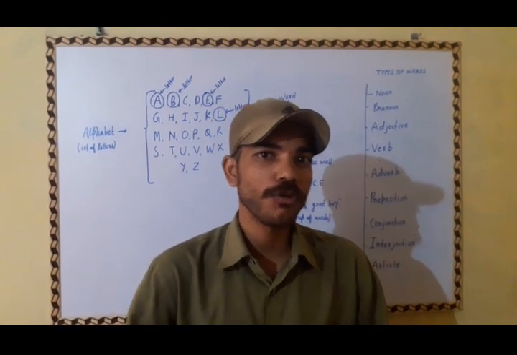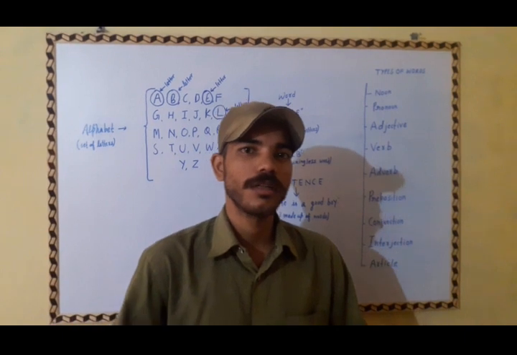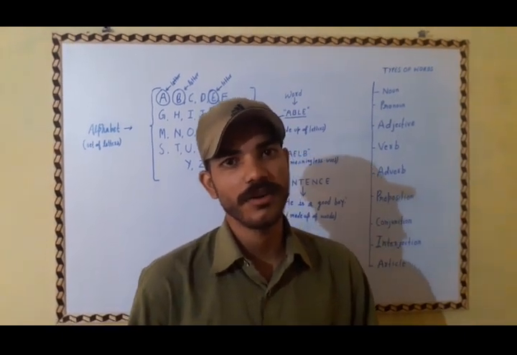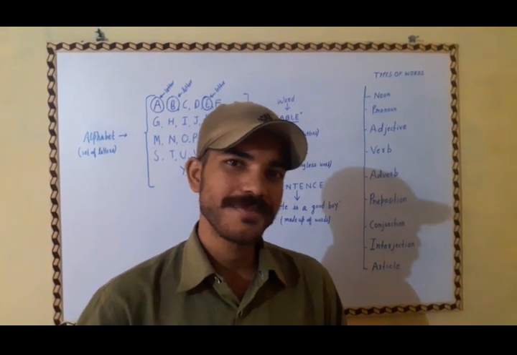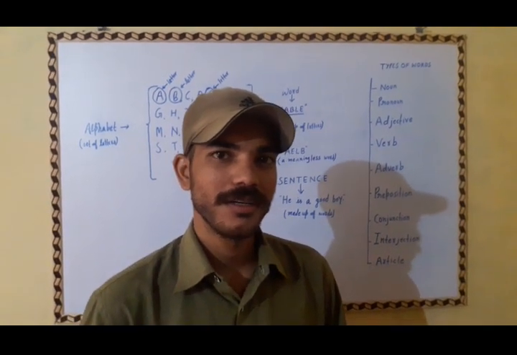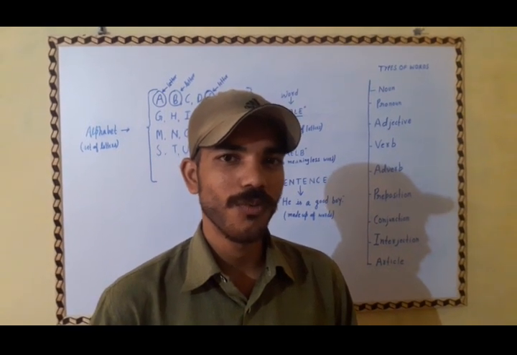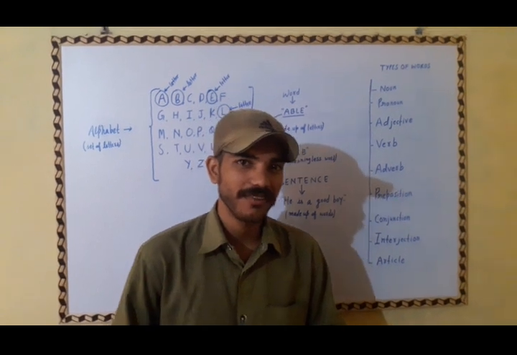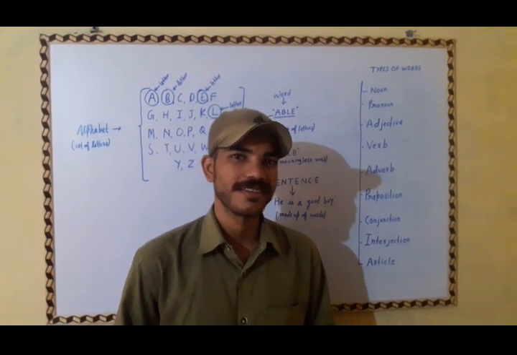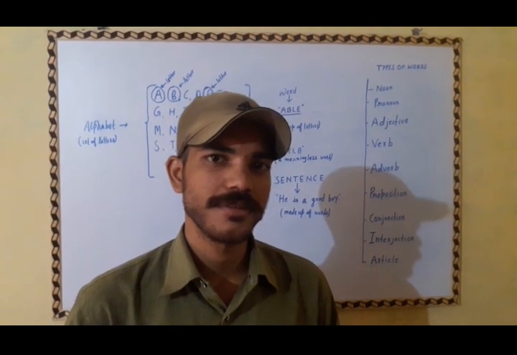You have no doubt about words. So all the words that are there in a dictionary can be divided into 9 types, into 9 parts. Whatever you call them, words, types or parts.